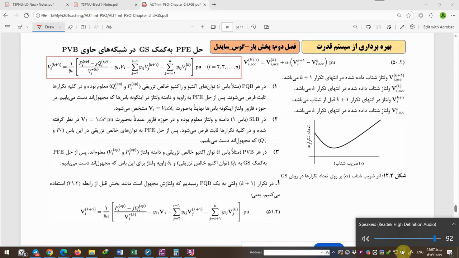You can find some examples in any books. Any books teach you the power flow equation in Gauss-Seidel, for example. There are many examples, but I prefer to make you ready for this example, and we focus on this example in the final.